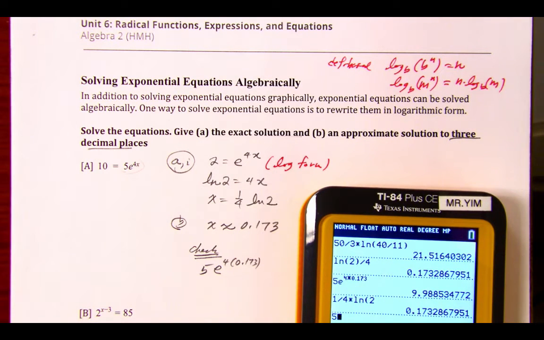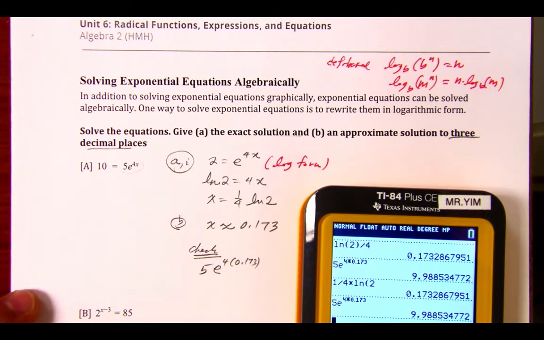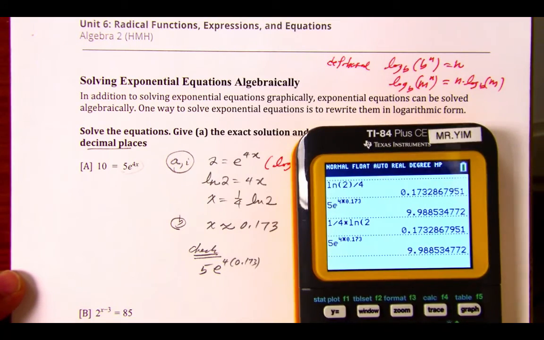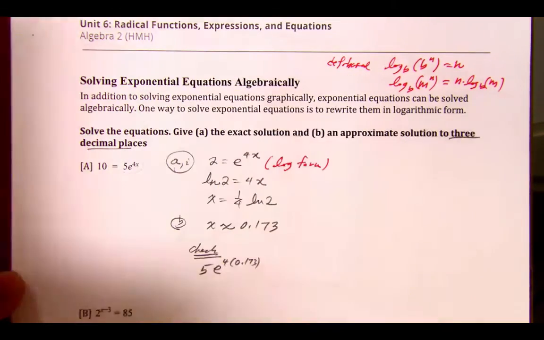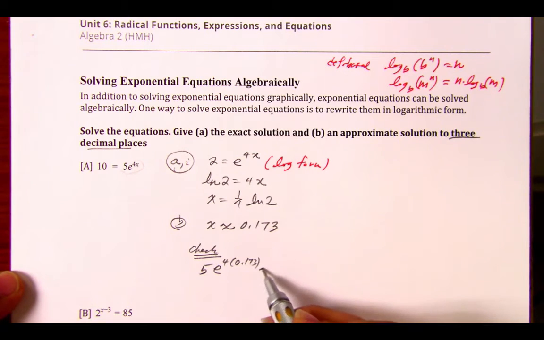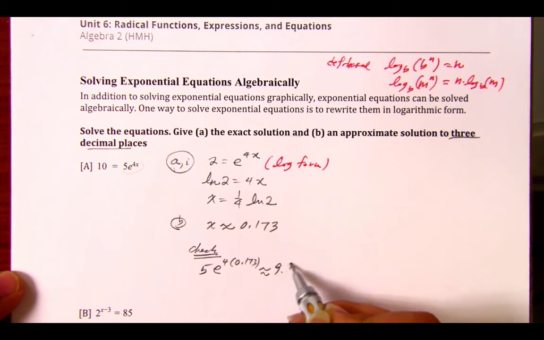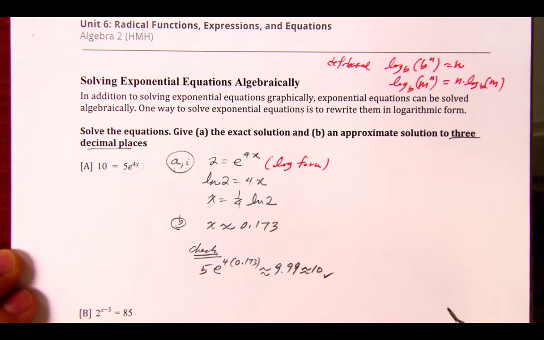So 5 times e to the 4 times 0.173, I get 9.9885. But for my purposes, I'll say that's approximately 9.99, which is approximately 10. Check. That's good enough for me.